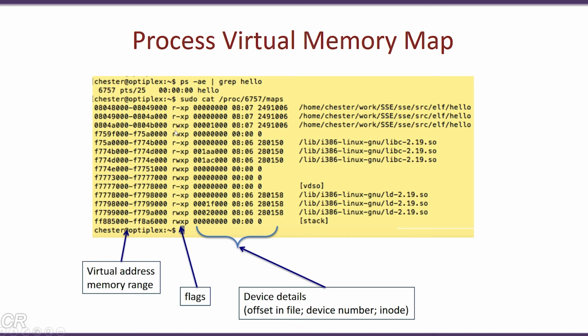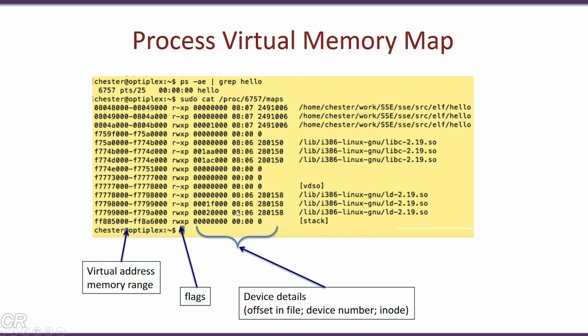For example, this particular segment present in hello is readable, writable and executable, while this segment cannot be written to; only the read and execute flags are set. These three columns specify details about where the segment was loaded from. This column specifies the offset in the ELF file from where the segment was loaded.